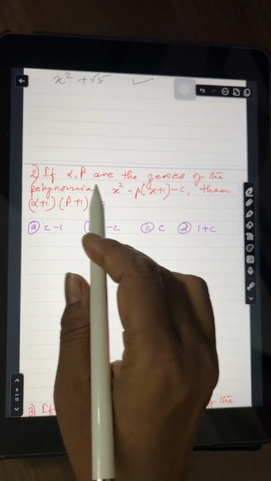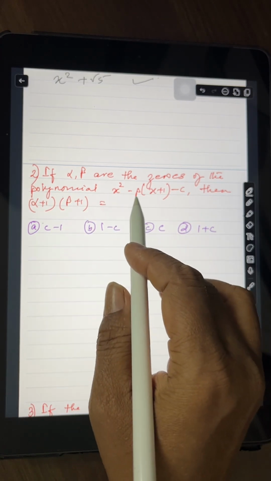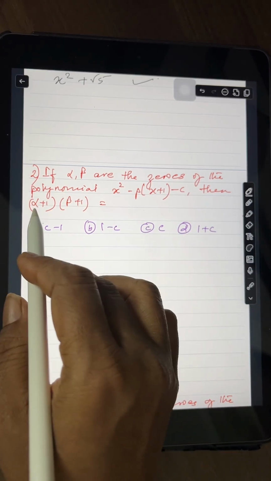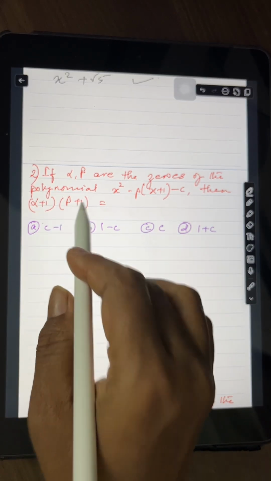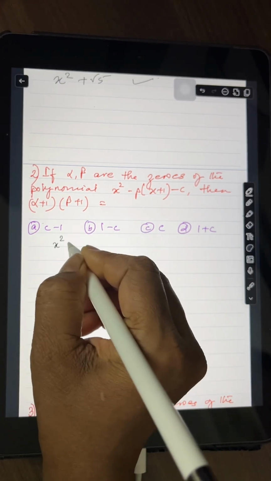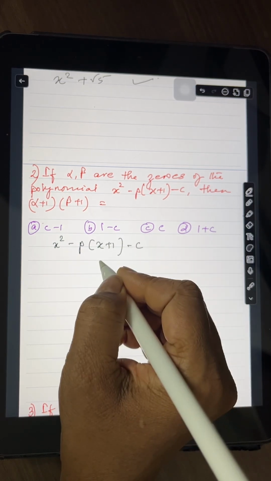If alpha and beta are the zeros of the polynomial x square minus p into (x plus 1) minus c, then you will have to find (alpha plus 1) into (beta plus 1). Now what is the equation? X square minus p(x plus 1) minus c.